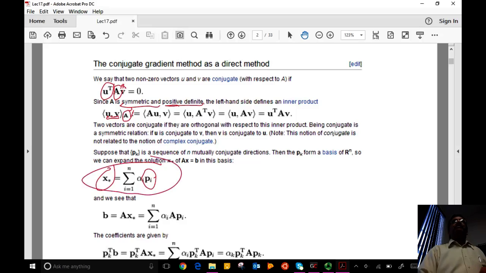The solution can be constructed as a linear combination of n vectors that are weighted with respect to the factors alpha. Okay, so we can write then b as equal to A x star, and substitute for x star in here, that is alpha times A times pi.